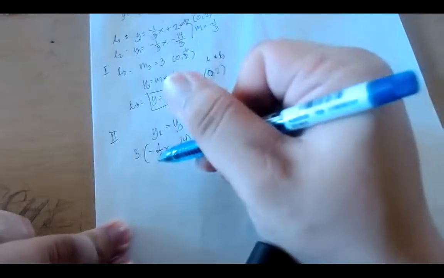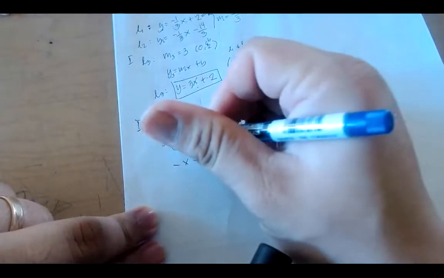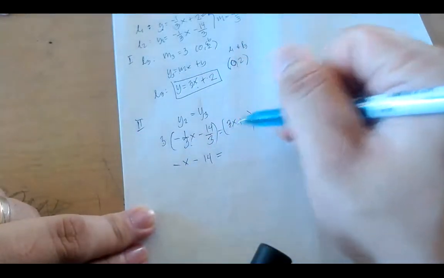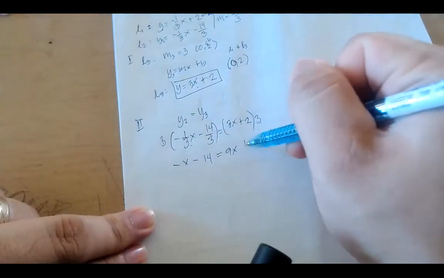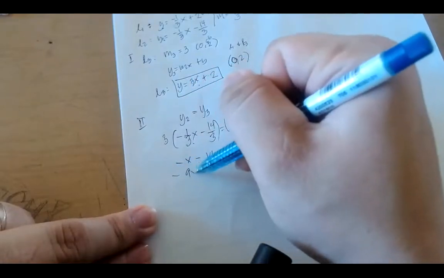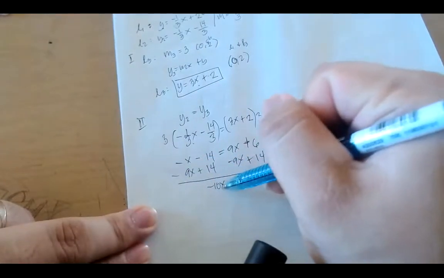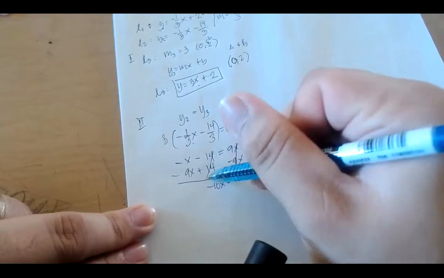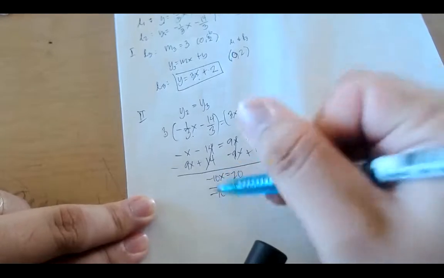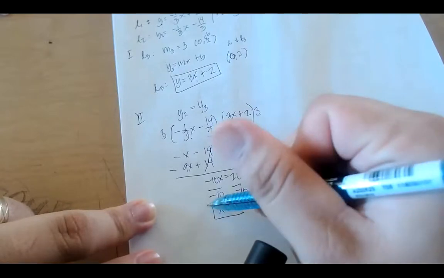So that gives us negative x minus 14, because it crosses out when you multiply here, and it's over 3, it's crossed out again. Here 3 times 3x is 9x, 3 times 2 is 6. Then minus 9x, plus 14, plus 14. So you have negative 10x equals 20. Divide by negative 10, divide by negative 10. So x is equal to negative 2. So this is your x.